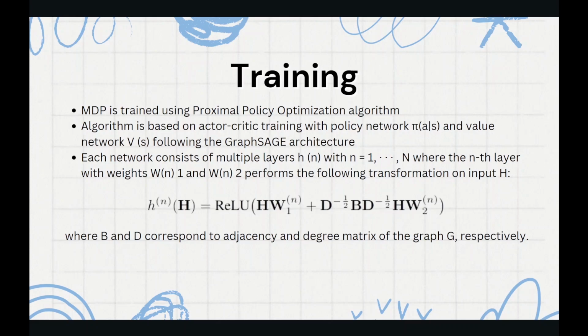It's a popular approach used to address the exploration versus exploitation trade-off and improve learning efficiency in reinforcement learning tasks. GraphSAGE, full form Graph Sample and Aggregation, is a popular architecture for learning node embeddings in graph structured data. The parametric transformation in the paper is as shown on the screen.